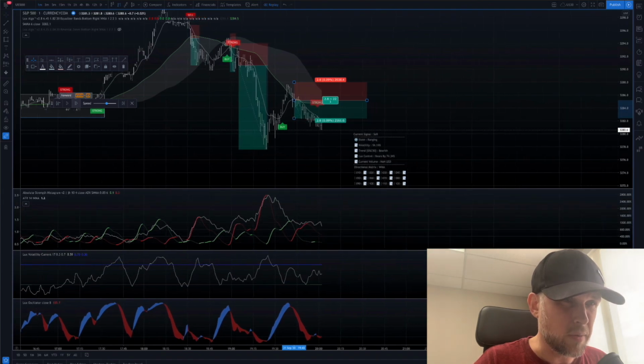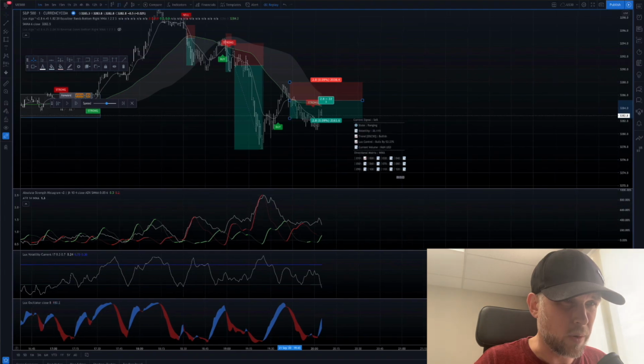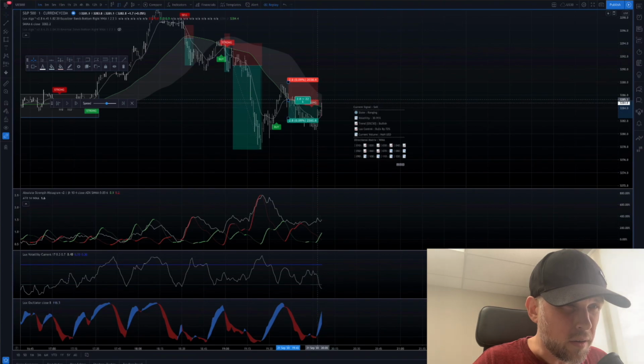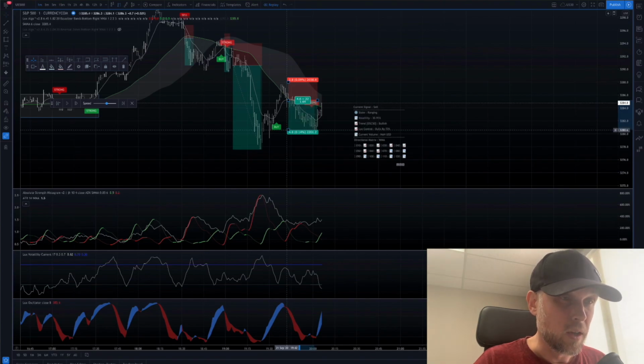And it looks like we might be going into a consolidation at that point. But we would have had our trailing stop loss on that take. Is that right? 4.6 down to 2.4. 4.6 down to 2.4. Yeah, it would have there.